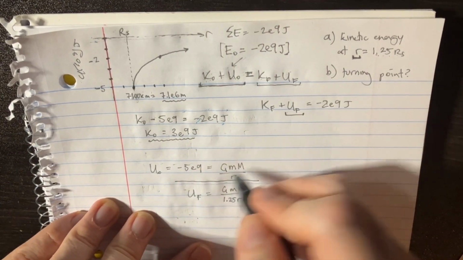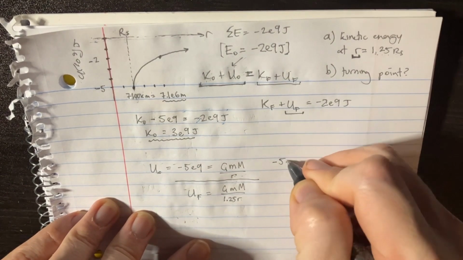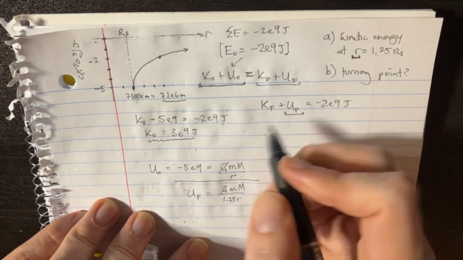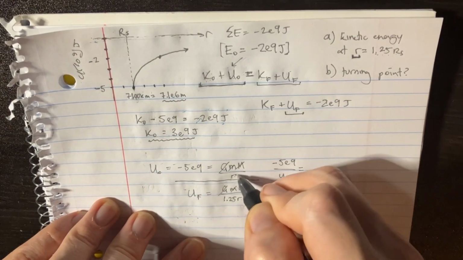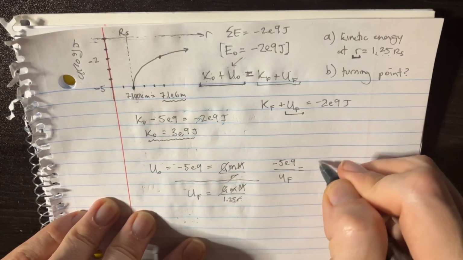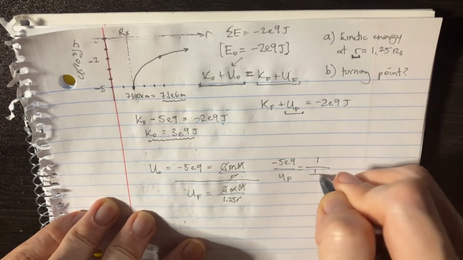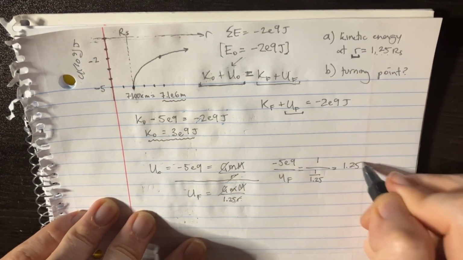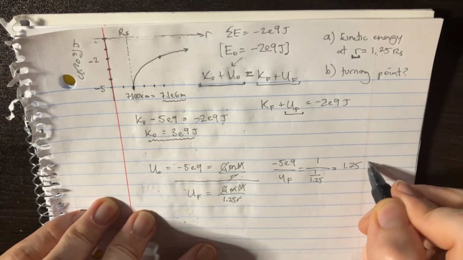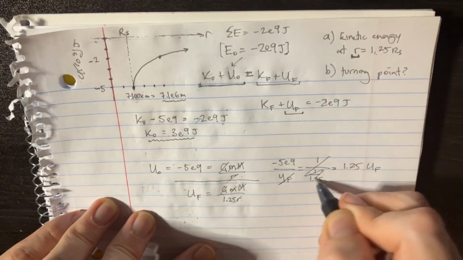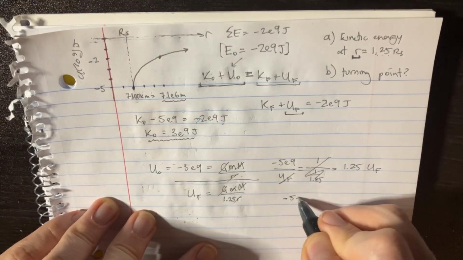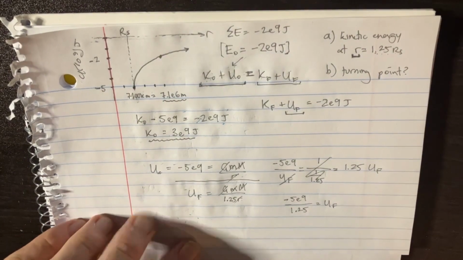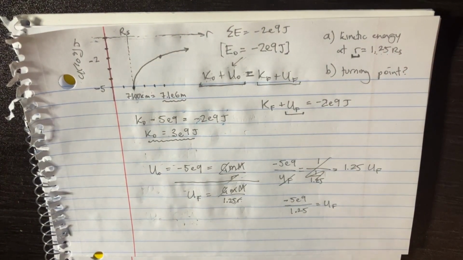And we get that negative 5 e to the 9 over Uf is equal to, look, this cancels out, this cancels out, this cancels out, and we get 1 over 1.25. Now multiply that by Uf, and we get negative 5 e to the 9 divided by 1.25 equals Uf. Just a little bit of math over there.